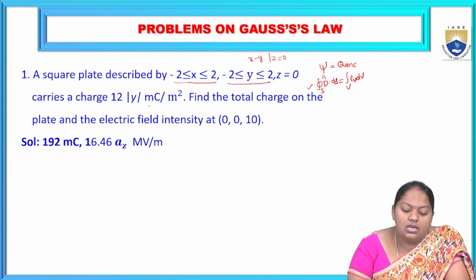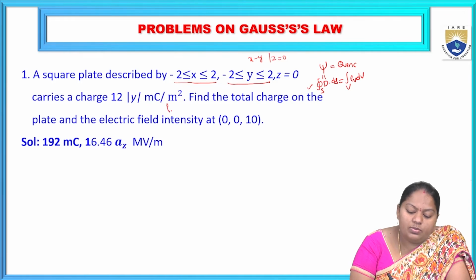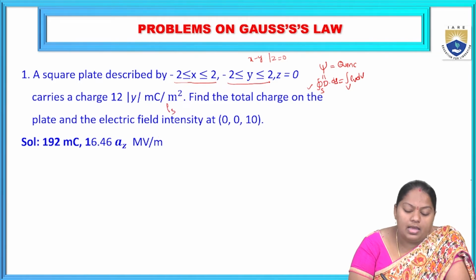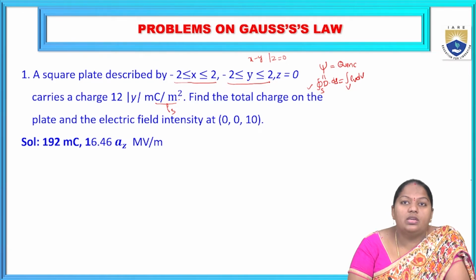Surface charge density is represented with rho s and is measured in coulomb per meter square. Electric charge is measured in coulombs, and occupying some area it is per meter square; expressed in milli, rho s is in millicoulomb per meter square.